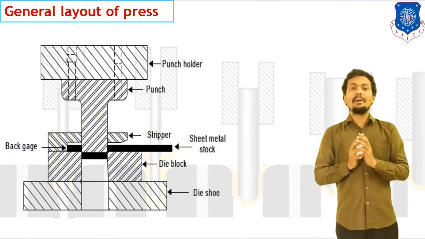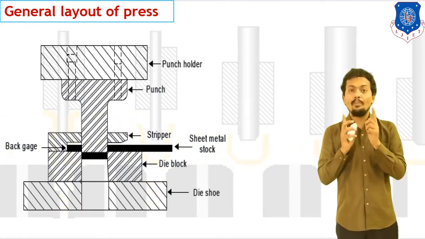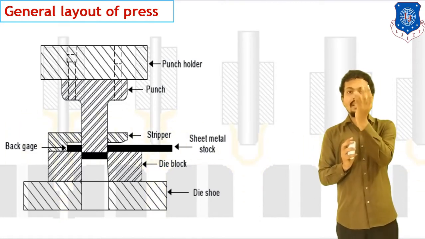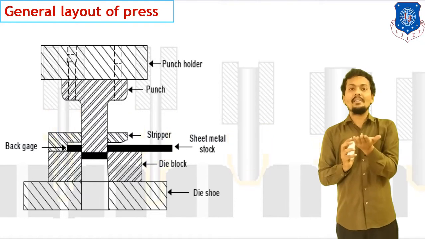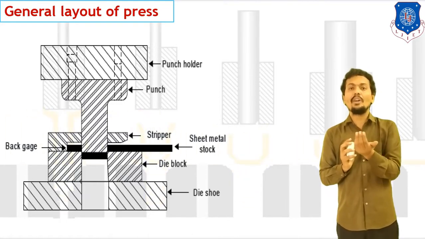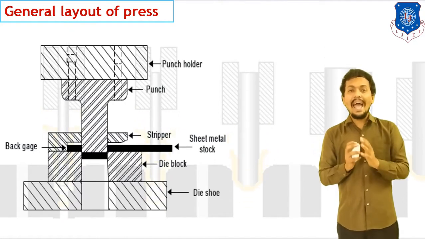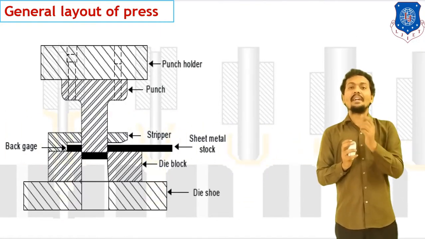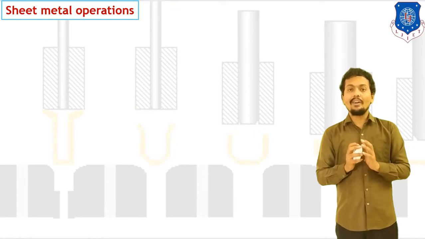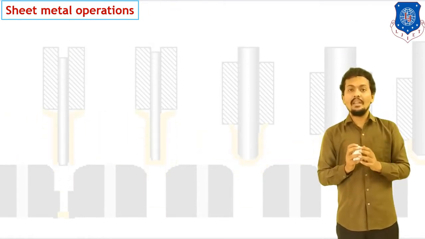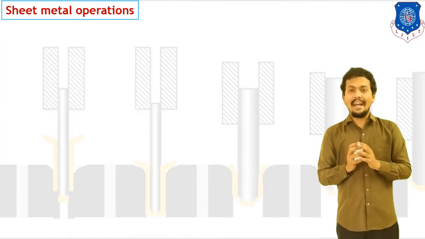So die is a replica of the product to be produced, and punch is a tool. In any press machine, punch and die are very important components.